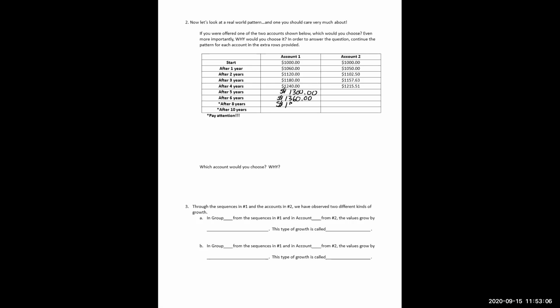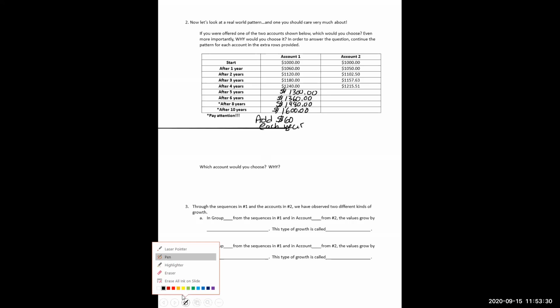So we had $1,480. Note the jump again. We went from 8 to 10 years. Now I had $1,600. So what did you notice as the pattern? If you said add 60 each year, you are correct. Okay, so there we have that done.